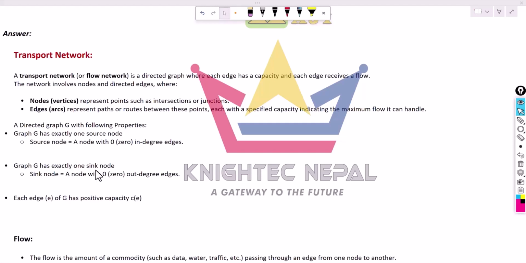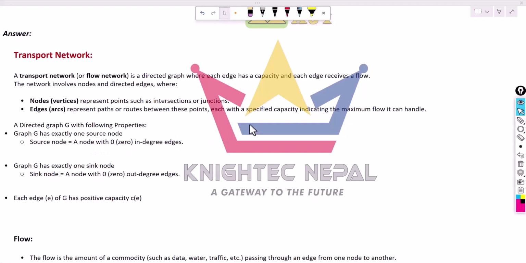Sink represents the destination of the graph. Simply we can call this sink node the destination of the graph. The out degree of the sink node is also 0. So in the given graph we must have only one source node and only one sink node.